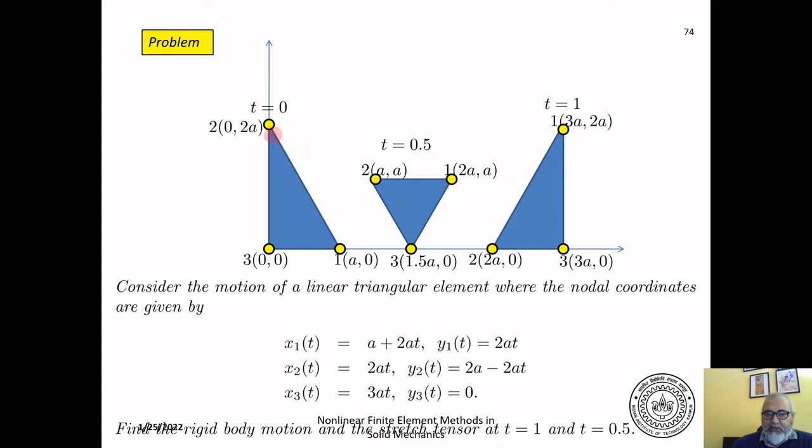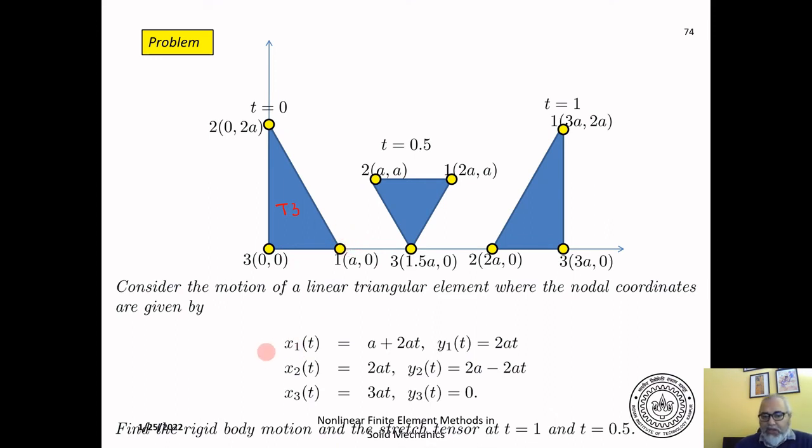This is a triangular element, a linear triangular element, T3, at time t equal to 0, that is, in the initial configuration. Now this is part of a body which is deforming in some way, and I know how the nodal coordinates are changing through time.